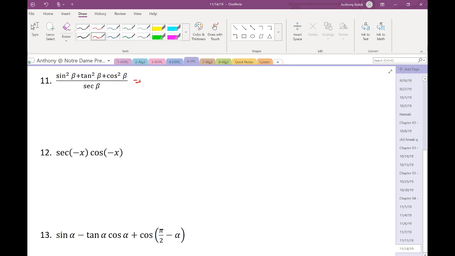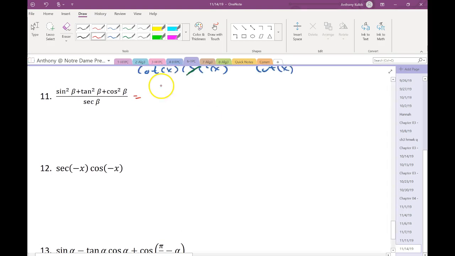C2? Why would you want to introduce pi over 2 minus thetas in here when you already have everything as one variable? What? You want to use R2?